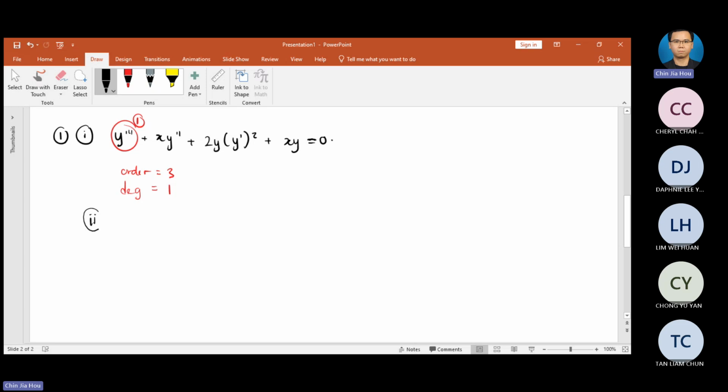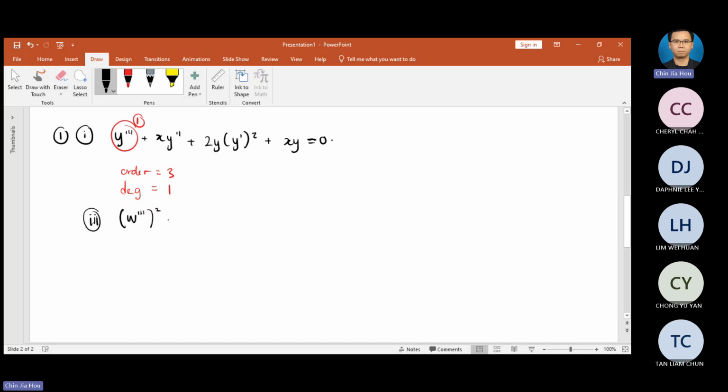Now, part 3. Part 2 is easy. In part 3, you see that it is written in terms of d something over d something. It's okay if you're comfortable looking at the derivatives in such form. If not, then I recommend you write it as prime. So d^3 w means that we have order of 3, squared.